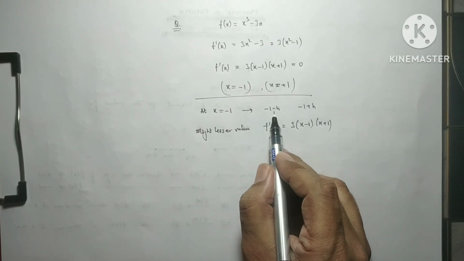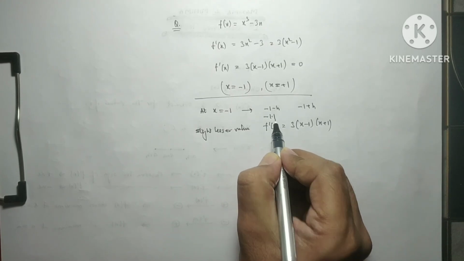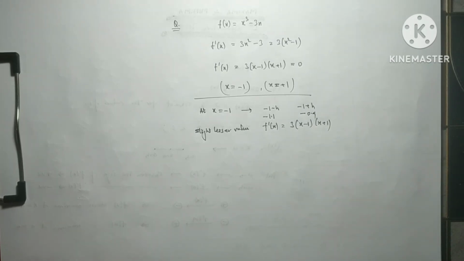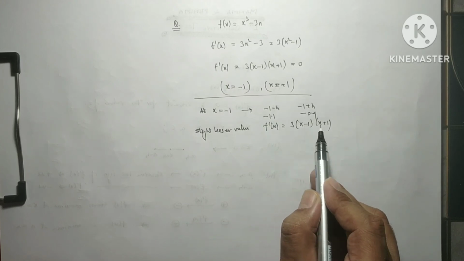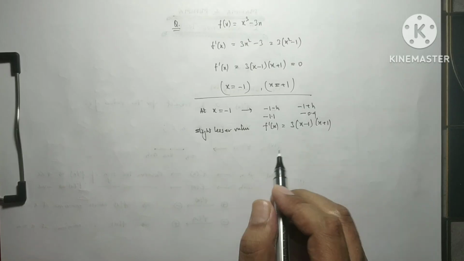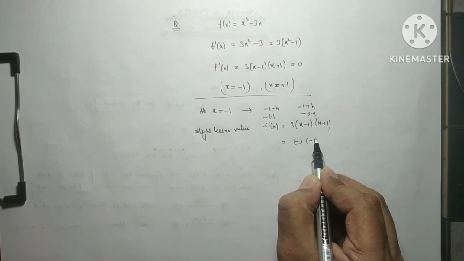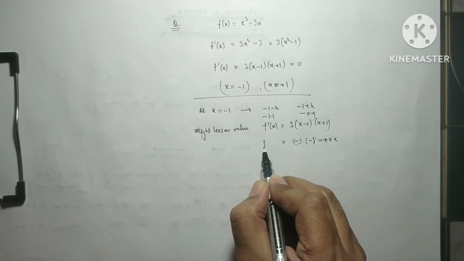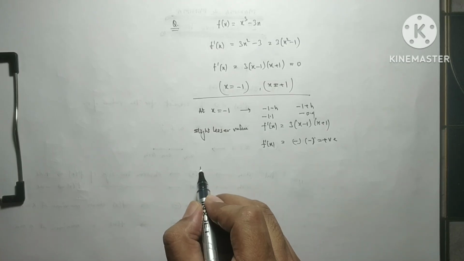When you put minus 1.1, it becomes negative, and when you put it in the other factor, it becomes negative. So we get negative and negative, so it will be positive. So f dash x is positive at the slightly lesser value.